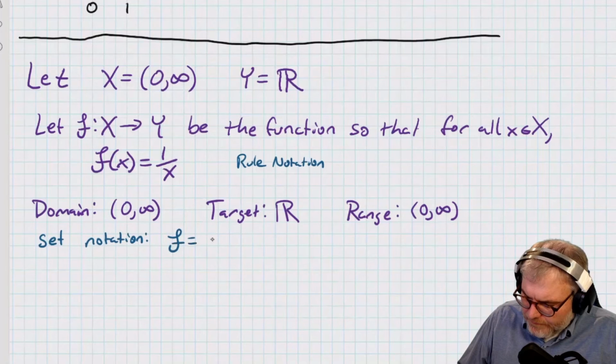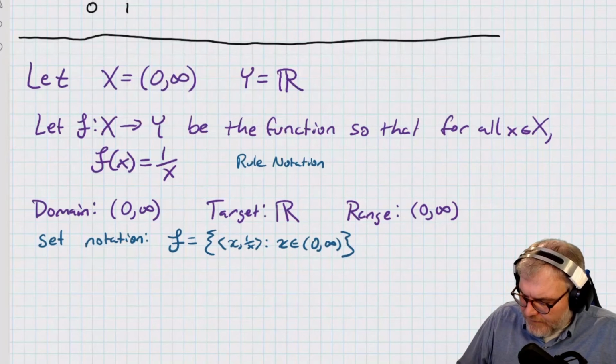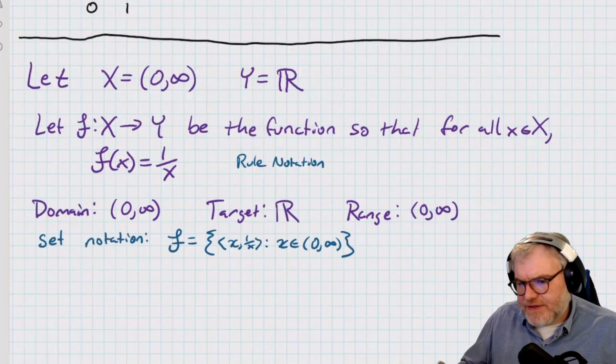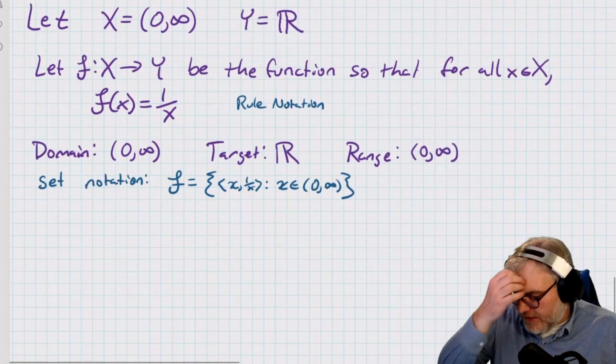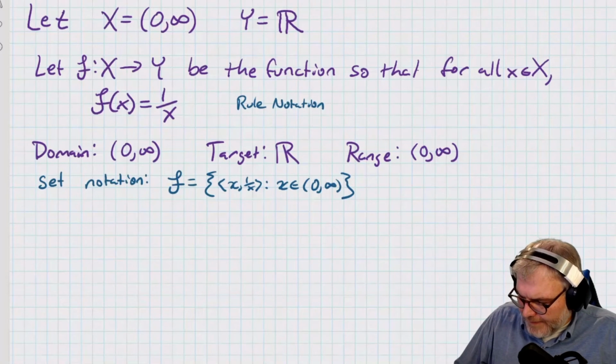F would equal the set of ordered pairs, x, 1 over x, such that x is in 0, infinity. Okay, if you want the set notation, you have to use set builder notation because these are infinite items.